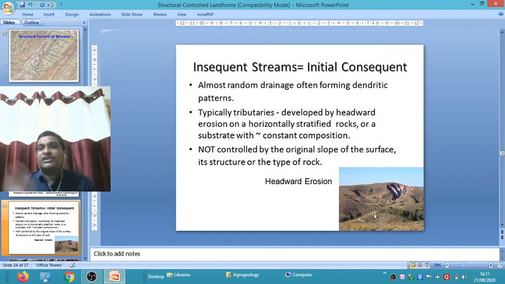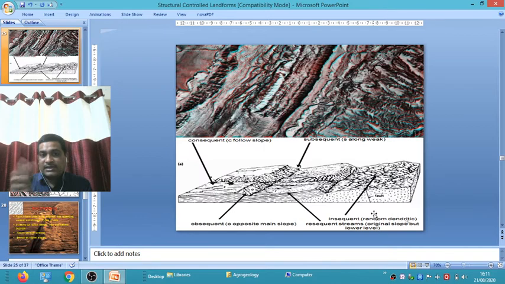It is initially consequent, almost random drainage, often forming a dendritic drainage pattern. Typically tributaries developed by headward erosion on horizontally stratified rock or substrate with constant composition, not controlled by the original slope of the surface, its structure or the type of rock. Headward erosion.